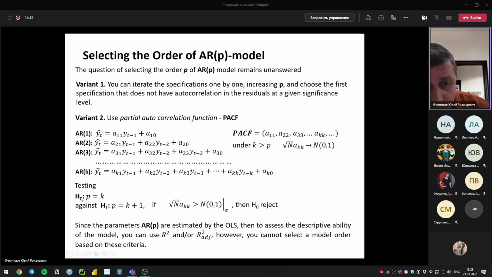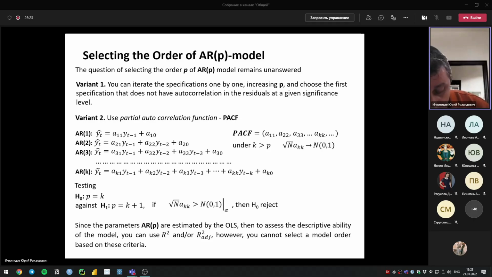And we test this hypothesis against H1 that the optimal parameter is larger, that is P equals K plus 1. Not the current K, but the next. And if this statistic, the root of n multiplied by the coefficient akk, is greater than 1, then H0 is rejected. If it turns out to be less than 1, the normal distribution 0, 1, then H0 is accepted.